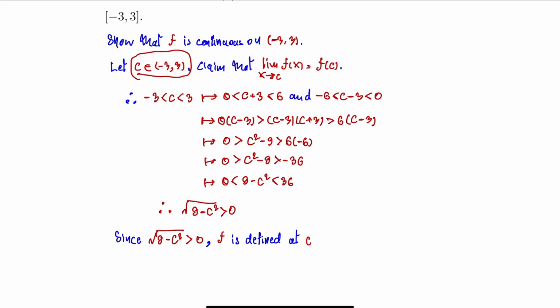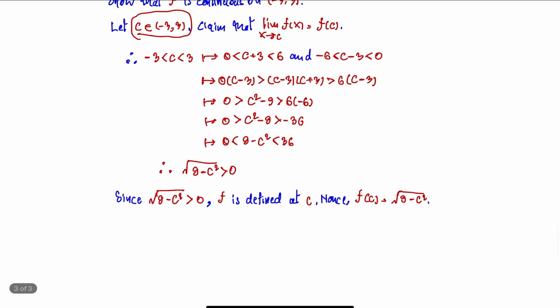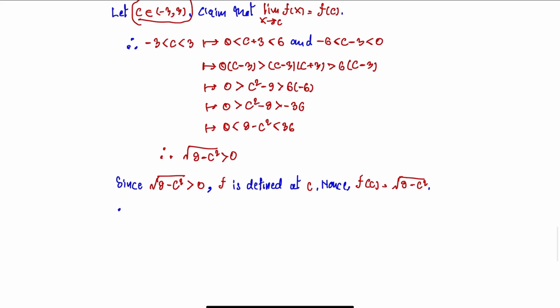Hence, we're going to have f of c equal to the square root of 9 minus c squared. Okay, great. Now, what next?